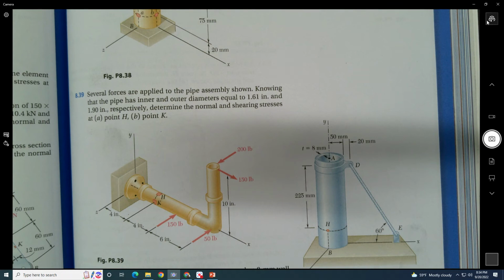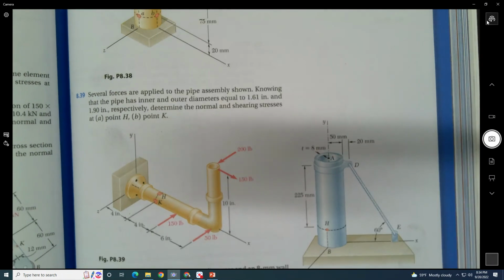Four inches, 6 inches, and then 10 inches to get up there. And did they tell us that it's equal?